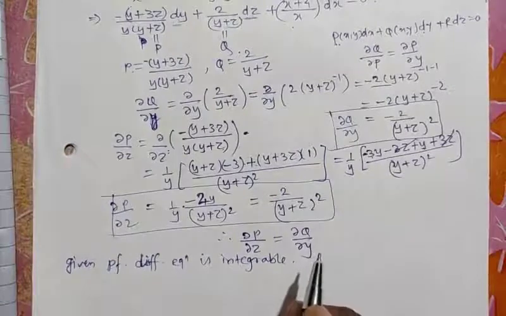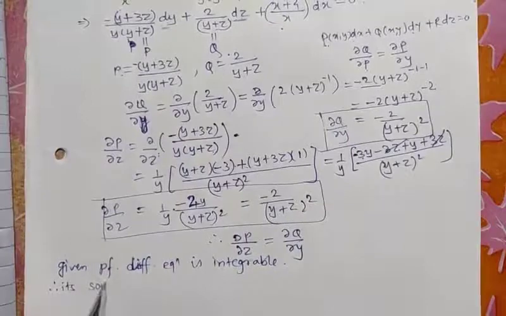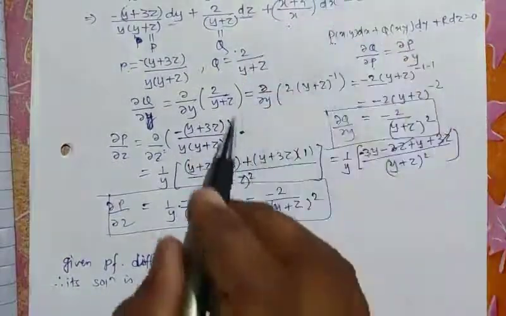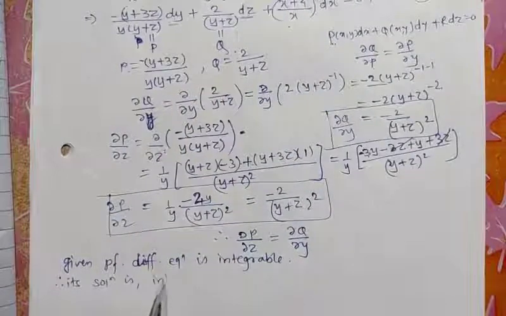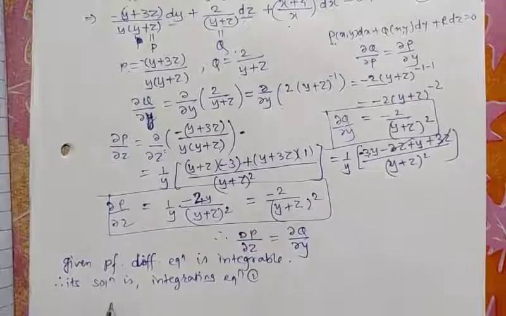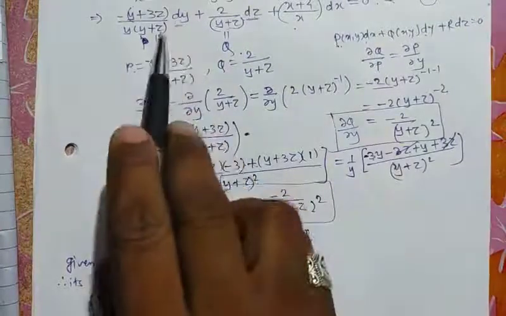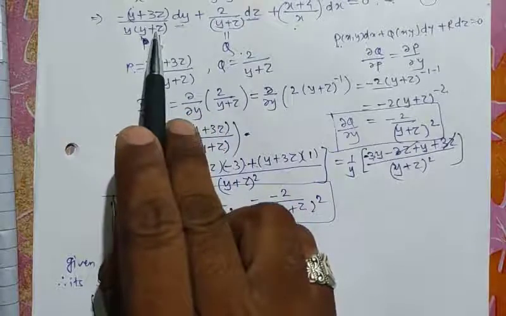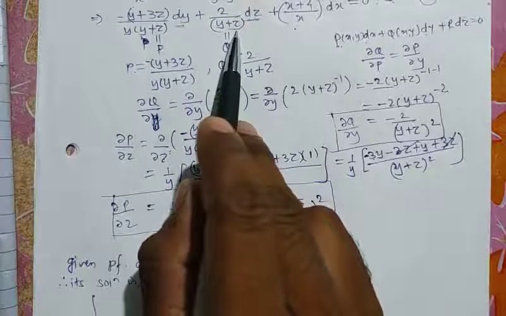Now to find its solution, we integrate the given equation, call this equation 2. In this equation we first integrate with respect to y, treating z as a constant, and the next term is free from y.